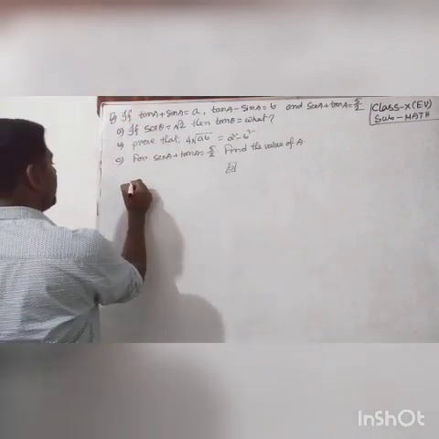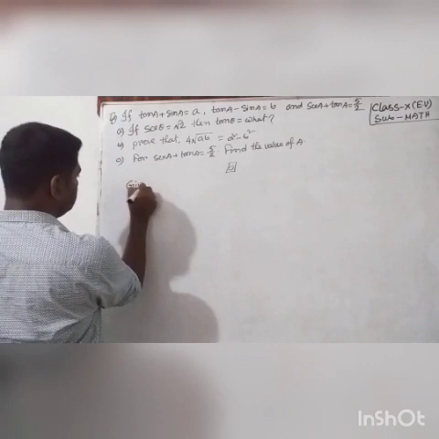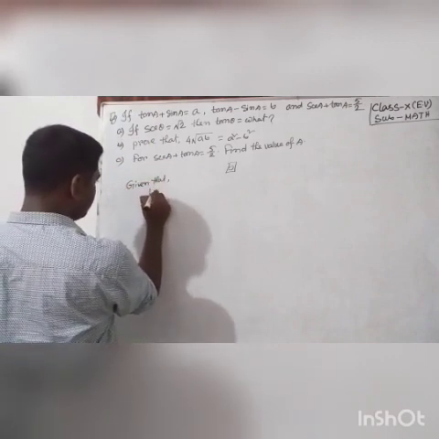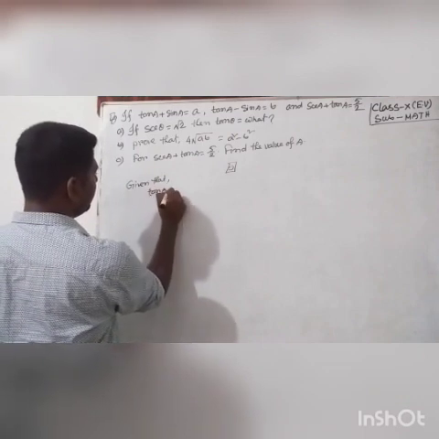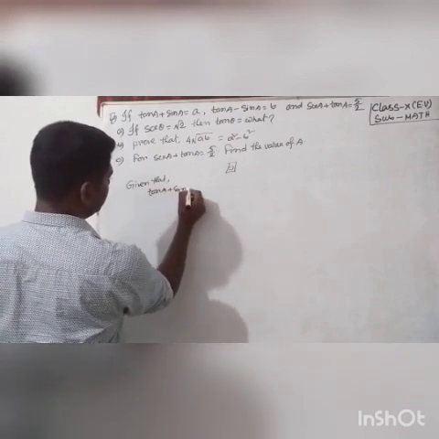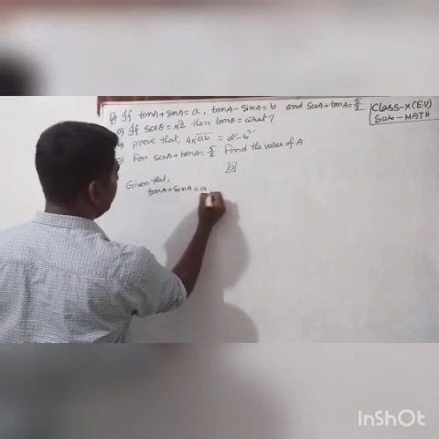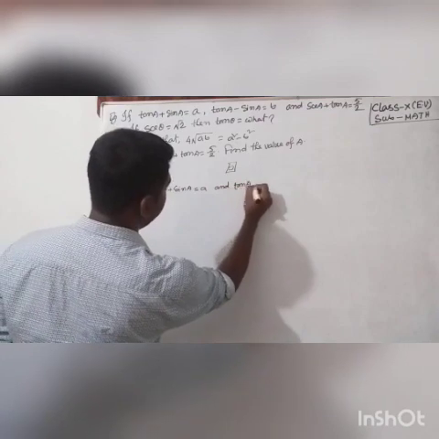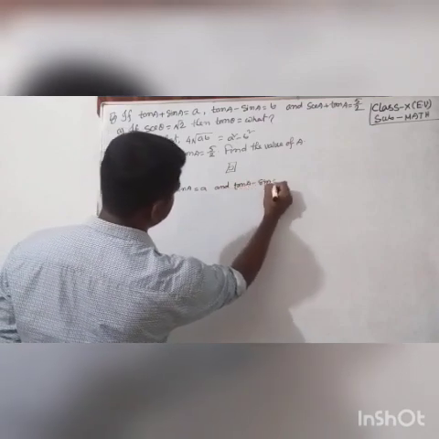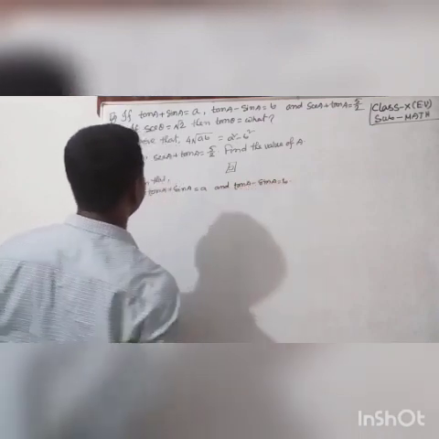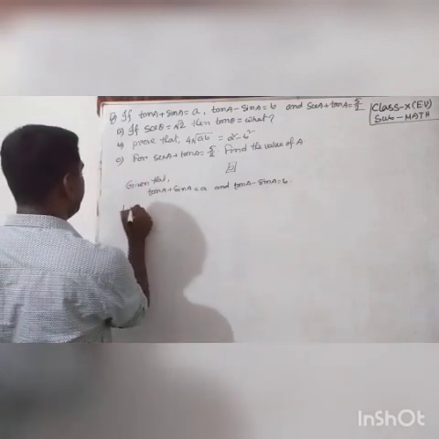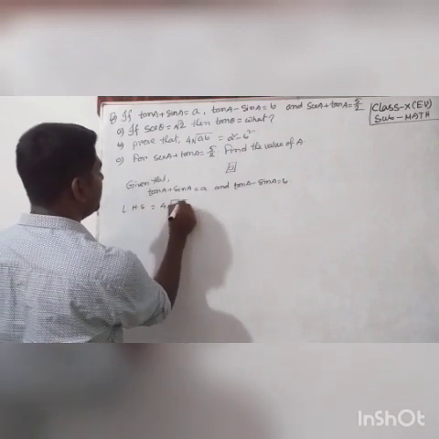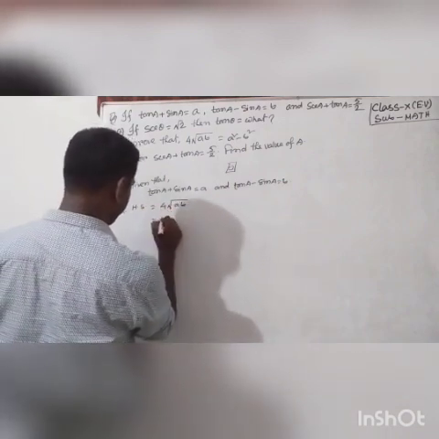At first write down, given that tan a plus sin a equals a and tan a minus sin a equals b. And the left hand side equals 4 root over ab.